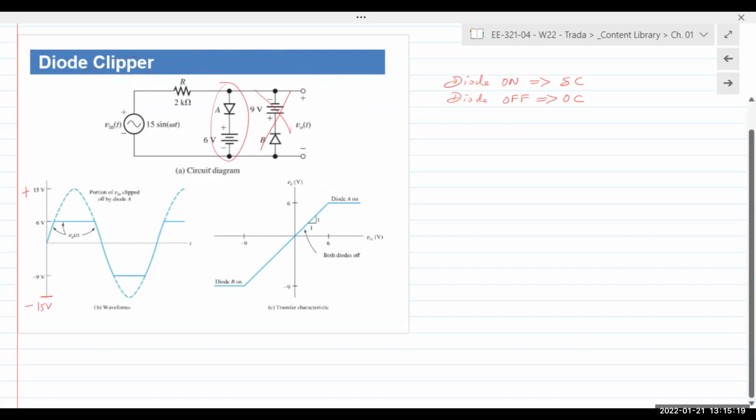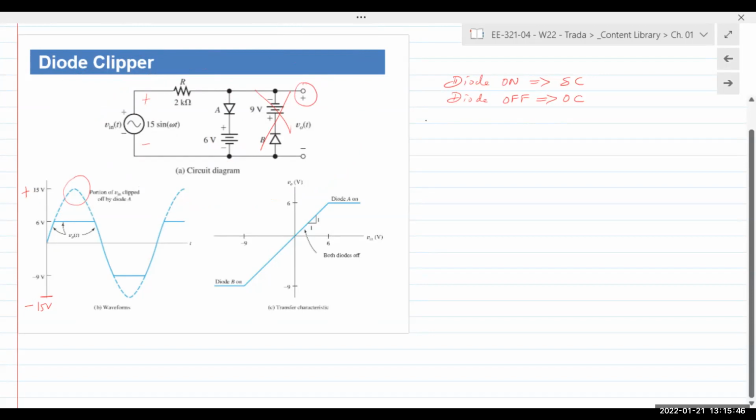What do we have? We have a diode anode that is connected to the positive terminal right here, connected to the 2 kilo ohm resistor. V out has a positive reference up top, okay? So when the incoming waveform goes to its positive peak, what happens? The cathode is held at 6 volts, right?